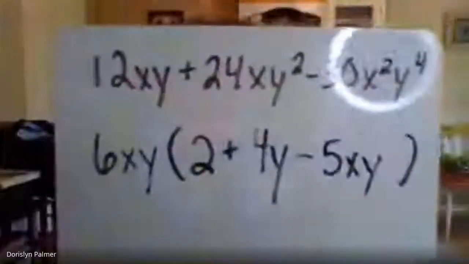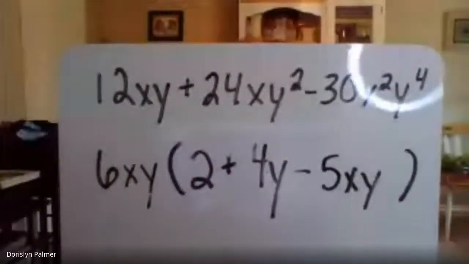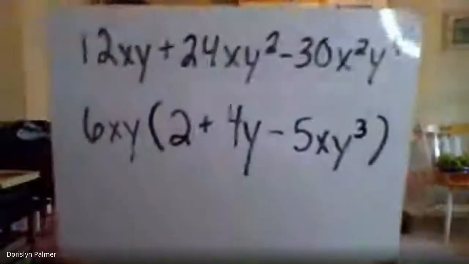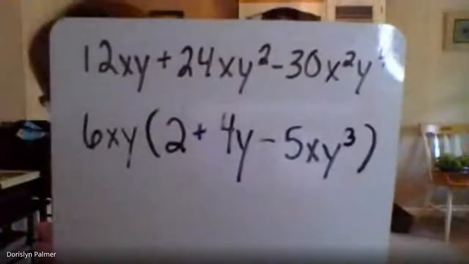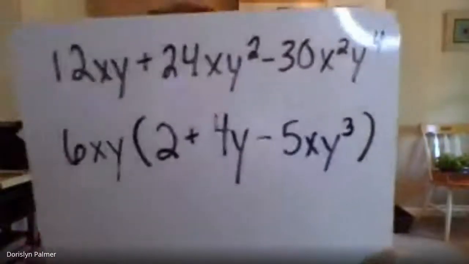It is x. I don't know what the power. Okay. 4. All right. So 2 plus 4y minus 5x. Y is going to be to the third power. Okay, because if we had y to the fourth and we divided it by y to the first, when we divide, we just subtract exponents.